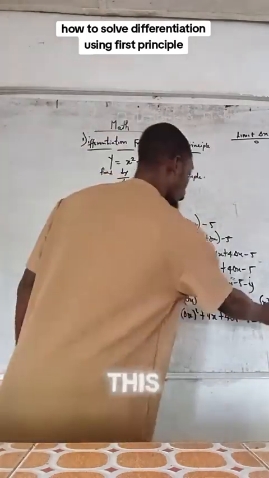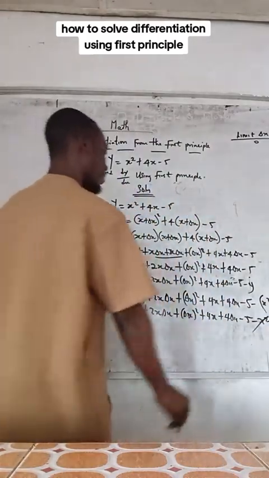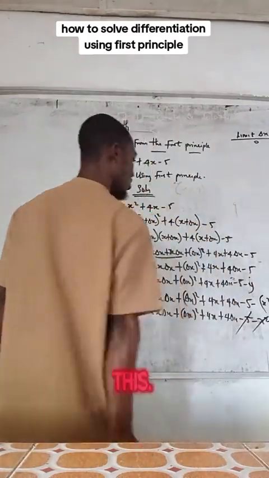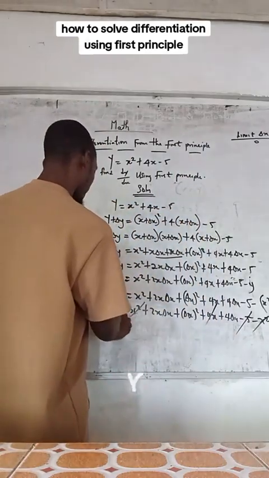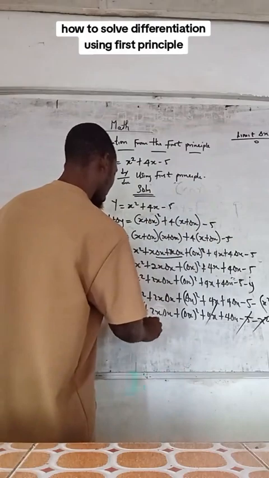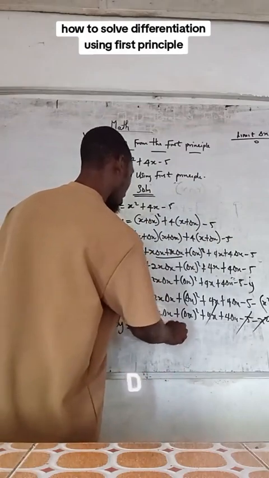Now we cancel the x squared, the 5, and the 4x. I'm left with dy equals 2x dx plus dx squared plus 4 dx.